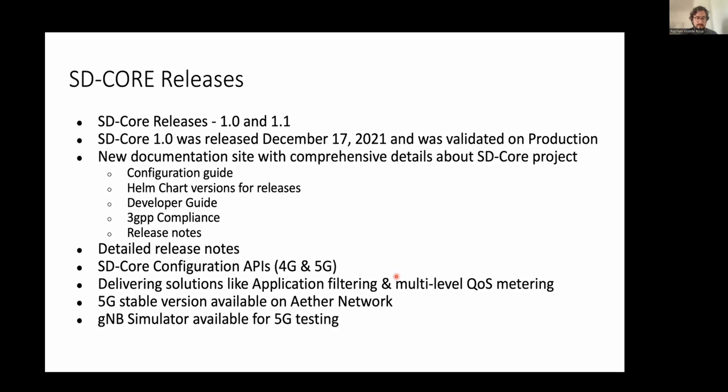And that was part of, for instance, the 5G stable version that was available in the Aether network. And finally, one of the most important things of the SD Core project is that it lately provided a gNodeB simulator that is available for 5G testing.